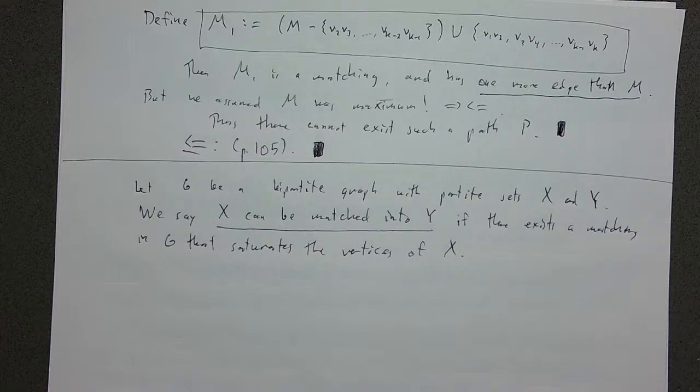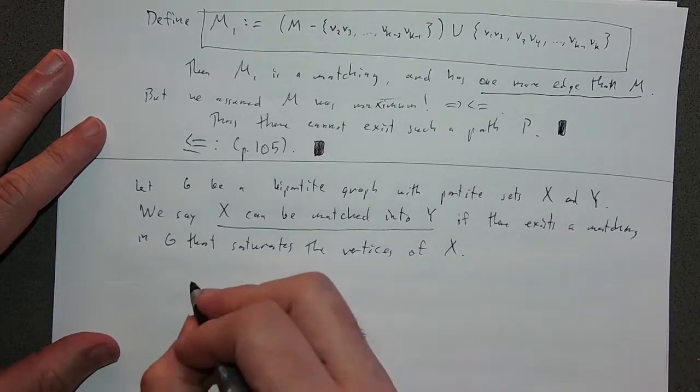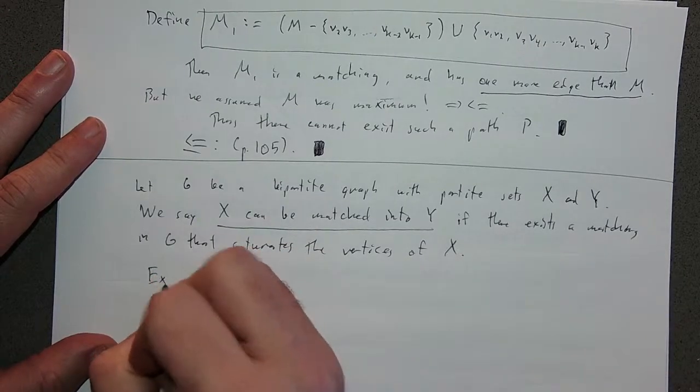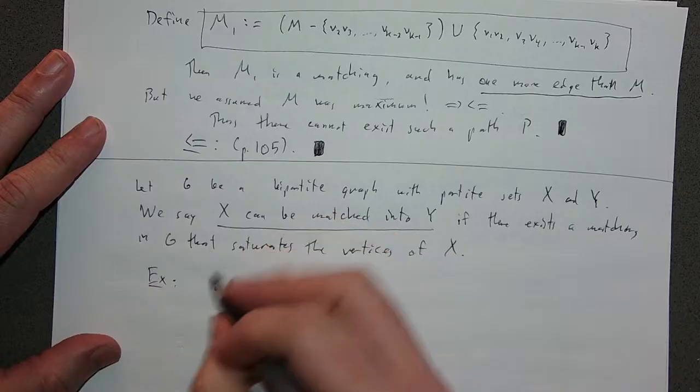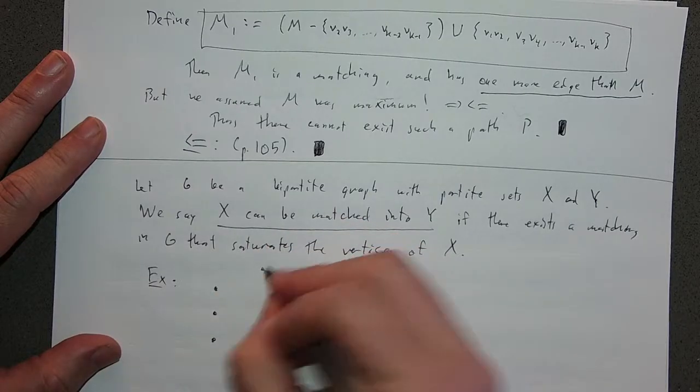Okay, so let's do an example here. Let's say we have a bipartite graph that looks like this.